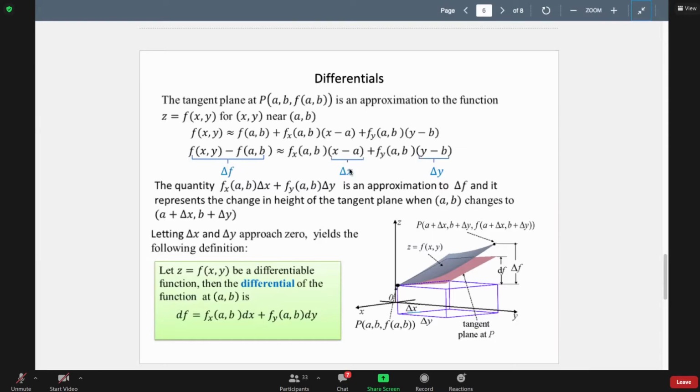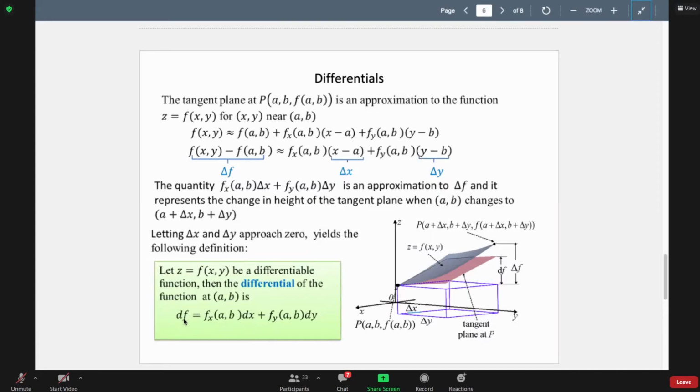So again, if x tends to a and y tends to b, the delta x goes to 0 and delta y goes to 0, then such a thing is denoted by df instead of delta f, and this is called the differential.